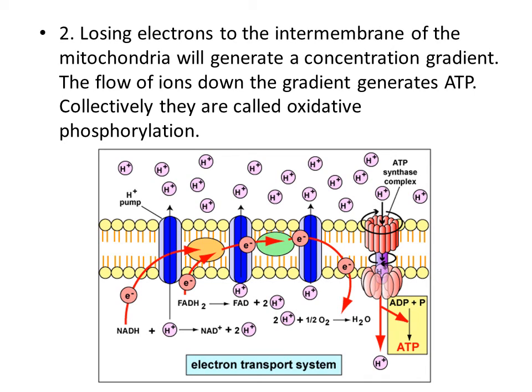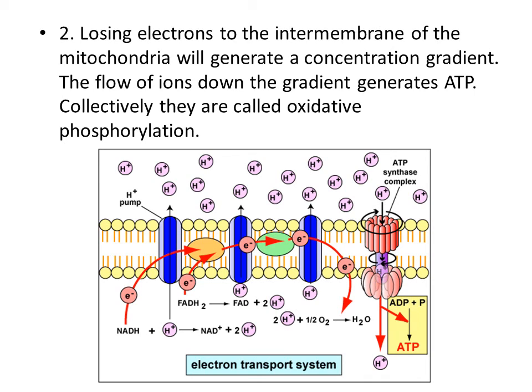Electrons will move, and therefore the intermembrane of the mitochondria will pump hydrogen into the intermembrane space. This is going to create a concentration gradient. Then these electrons are eventually going to flow through an enzyme complex called ATP synthase complex. That complex is going to generate ATP.